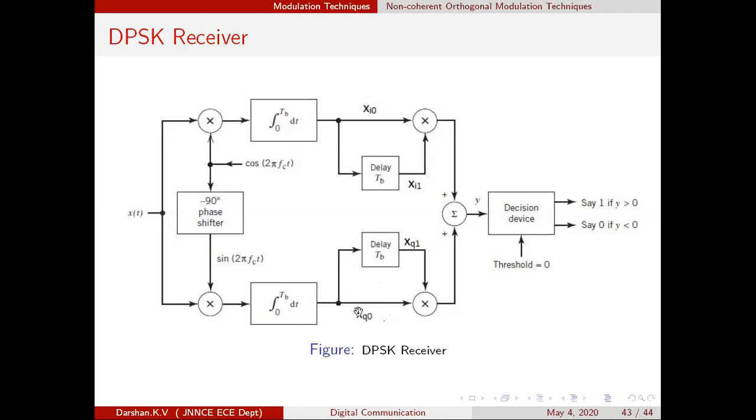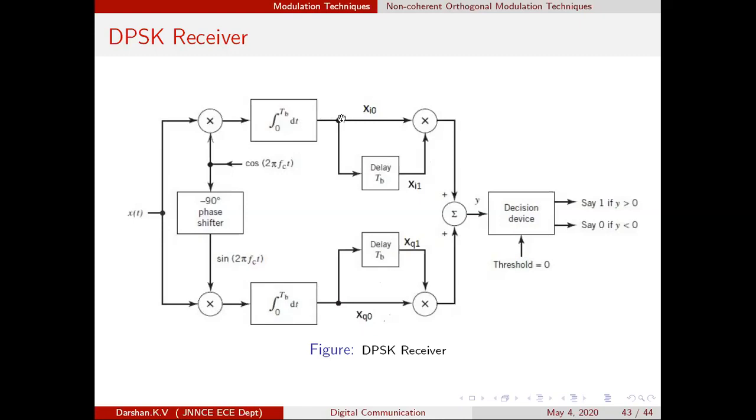xi0 and xq0. What are these things? From the signal, you are extracting the in-phase and quadrature components. Then what does this 0 represent? 0 represents the time instant. By now you have received a signal, that is x of t.